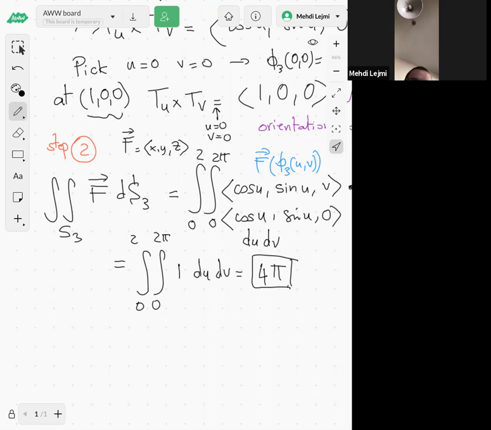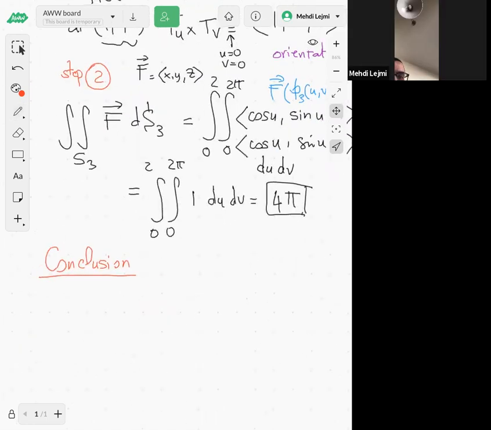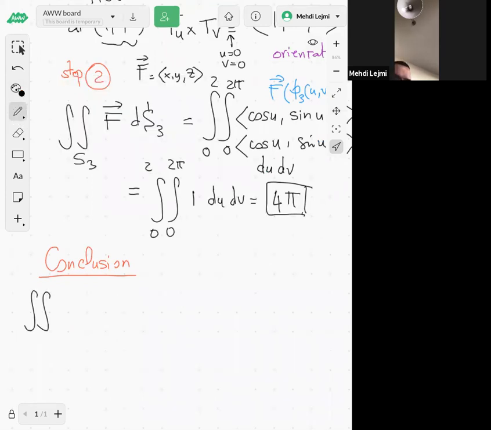So the conclusion is that my vector surface integral along the boundary, the vector flux of F along the boundary S of my object E. We said this boundary S is given by 3 different pieces.